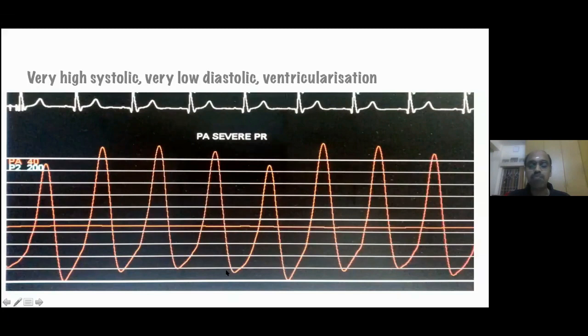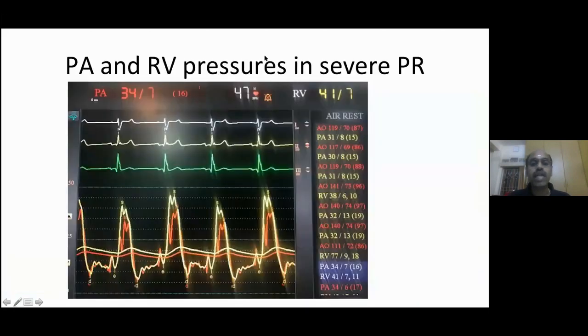That means the tip of the diastole will go to the lowest level, but by the end of diastole, the end diastolic pressure will be high. Actually, what we are showing is a pulmonary artery pressure trace which is reflecting the right ventricular pressure trace. So this is, in other words, ventricularization of the pulmonary artery pressure, and it is indicating that the right ventricle is failing.